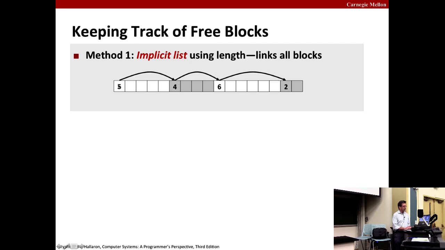Here's a block of size 5, so we know that the next block starts at an offset of 5. With the second block, we know that the next block starts at an offset of 4, and so on. We call it an implicit free list because there's no real list of free blocks, but we can traverse all of the free blocks in the heap by traversing all of the blocks in the heap and just ignoring the allocated blocks.